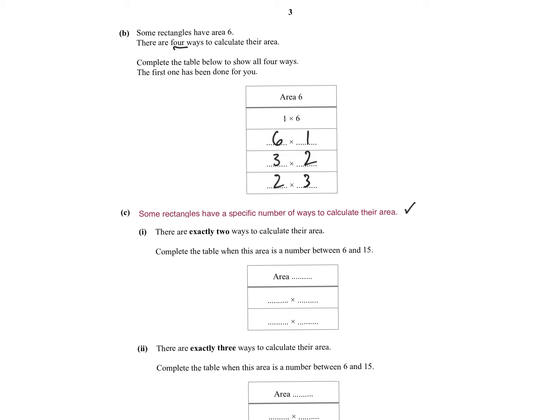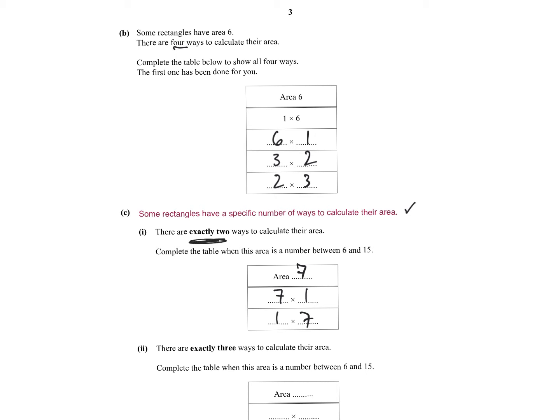We can see already that an area of 6 has 4 different ways, so 6 isn't going to work. What about 7? Well, we can have 7 times 1 or 1 times 7, and there's no other way to calculate 7. And so there are 2 possible area calculations for 7.